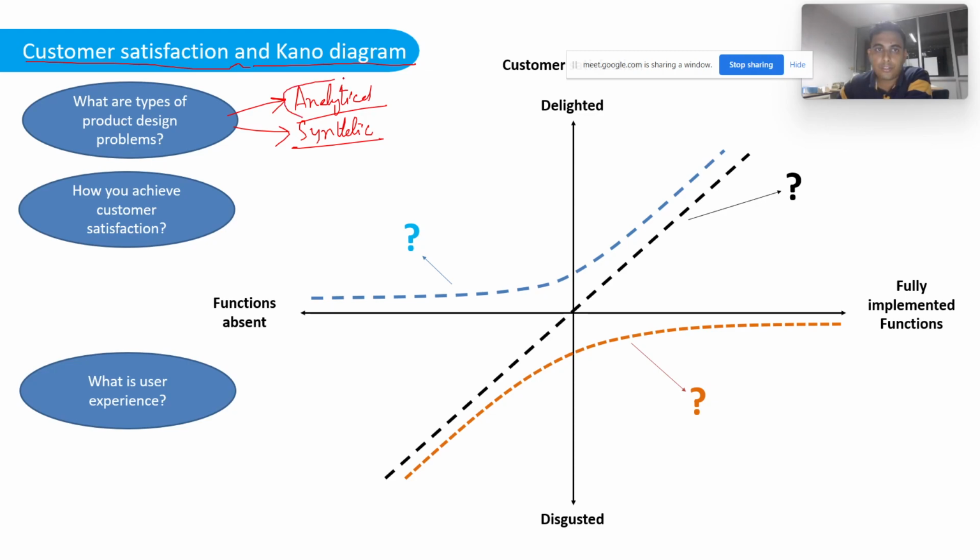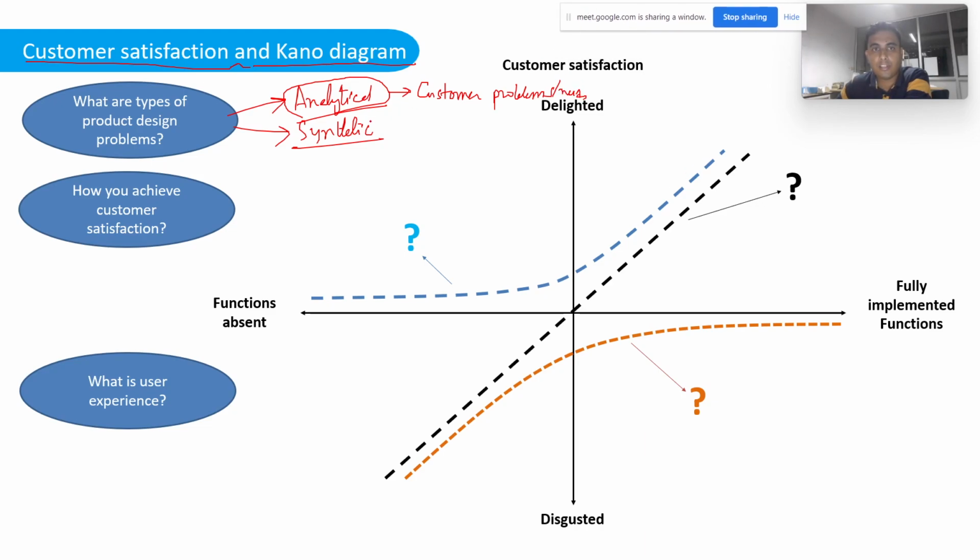Okay, so basically analytical types of design means the design is developed based on customer requirements. So basically you are trying to solve customer problems or needs. The synthetic approach is basically technology driven, so you are actually trying to solve a technologist's problem or need.